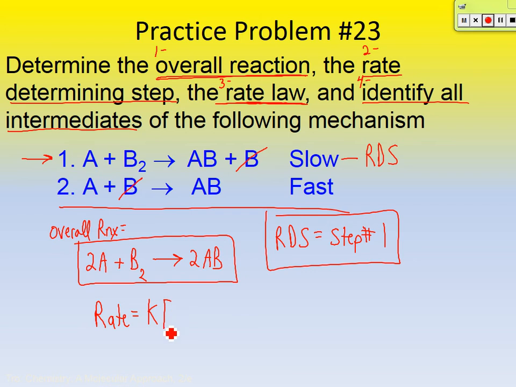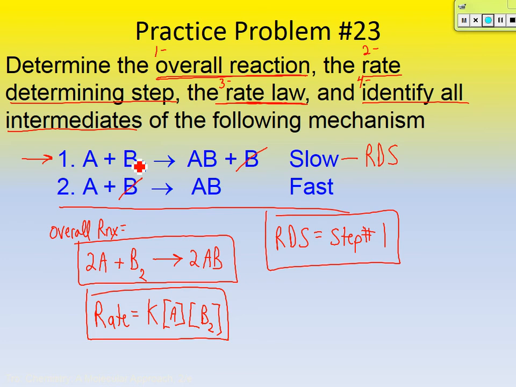So we multiply by the concentration of A, raised to some power, which we don't know yet, times the concentration of B2, raised to some power. To determine the order with respect to A and B2, we would have to actually do the reaction and determine the orders experimentally. But for right now, we're just going to leave them as 1. And that's my rate law for the overall reaction. Notice, it would be exactly the same as the rate law for step number 1.